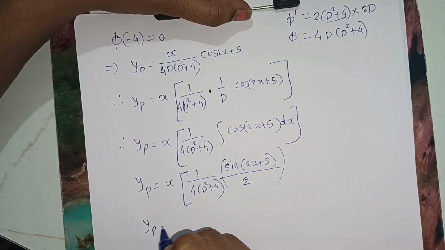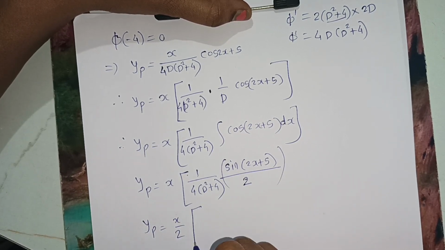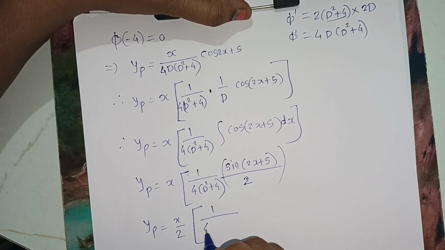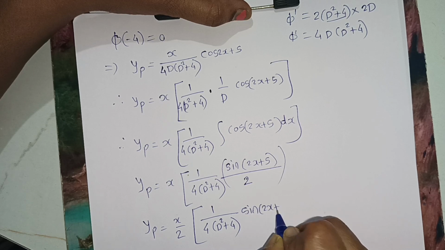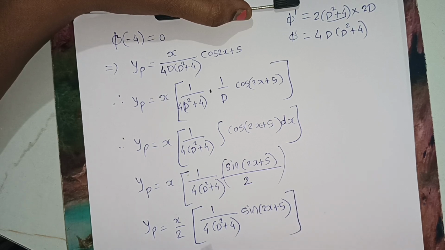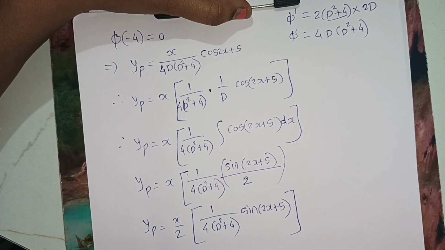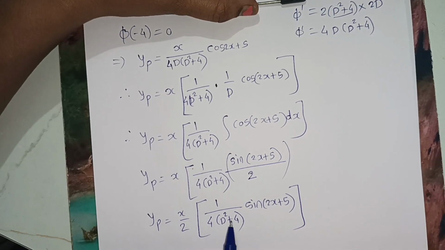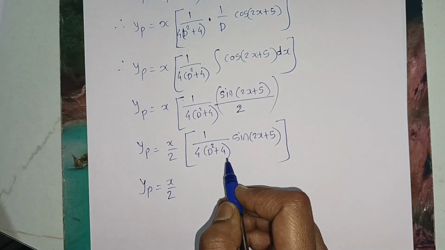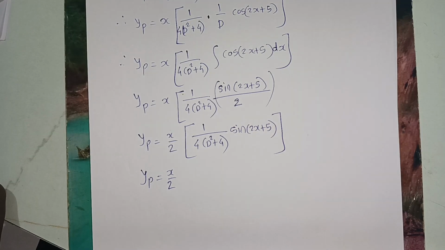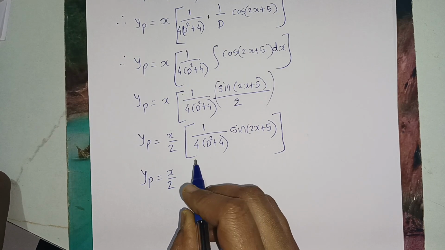So yp is equal to x by 2 into bracket 1 upon 4 D square plus 4 sin of 2x plus 5. Again you have D square plus 4 inside.